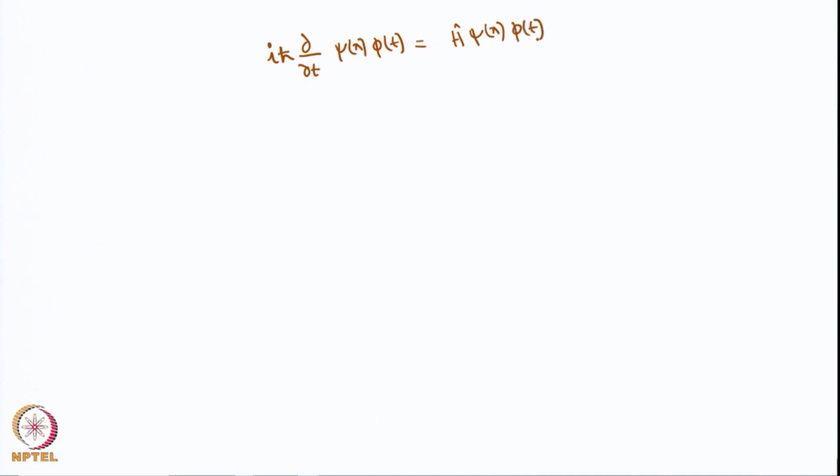Now, d by dt on the left hand side, when it acts on psi of x, treats it as a constant. Similarly, H, which only depends on the coordinates, acts on phi of t as a constant. Therefore, one can take psi of x outside and phi of t outside.